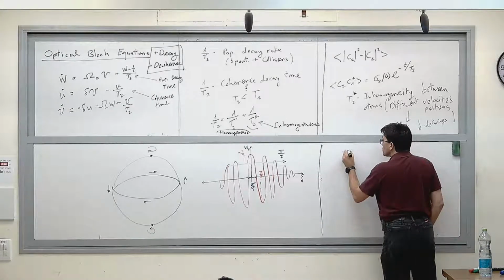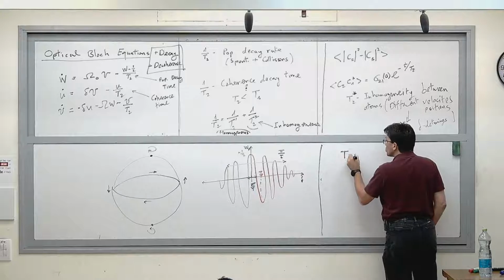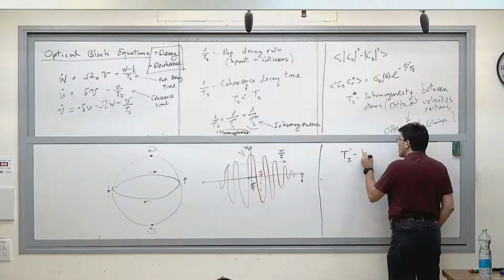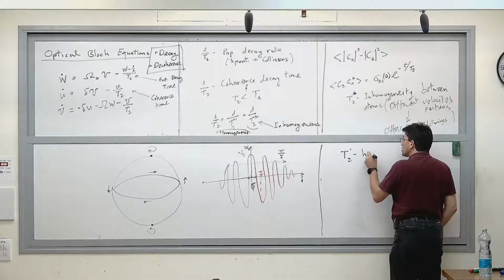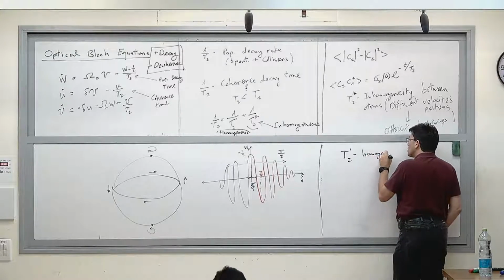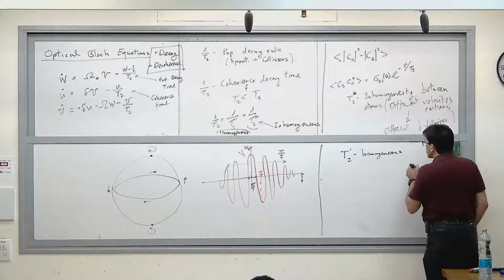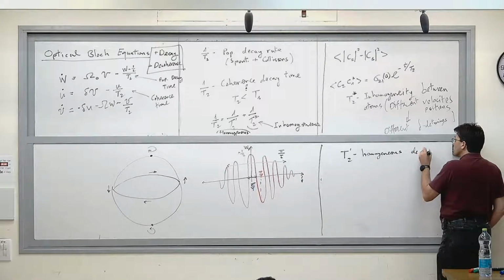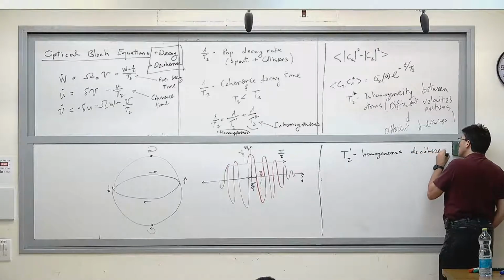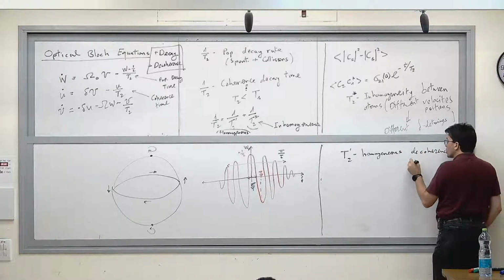So we were saying something about T2 tag. This is the homogeneous decoherence, or homogeneous broadening.